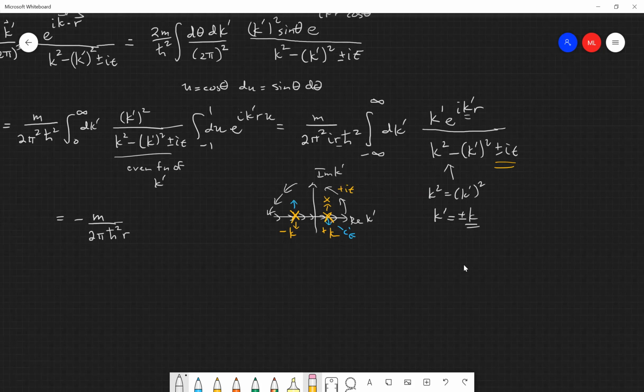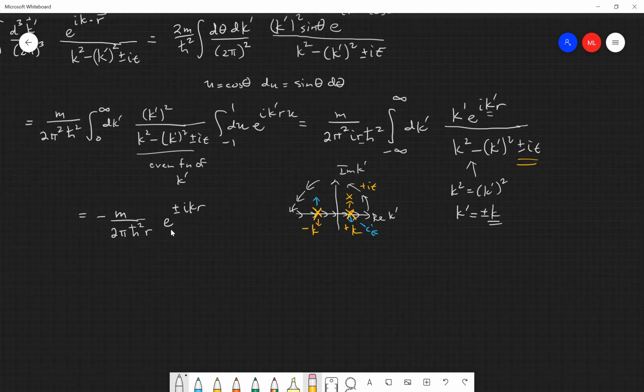That's just this guy right here, the r. And you get the exponential e to the plus or minus i k r, depending on whether you pick up or down, or plus or minus i epsilon in the denominator here.